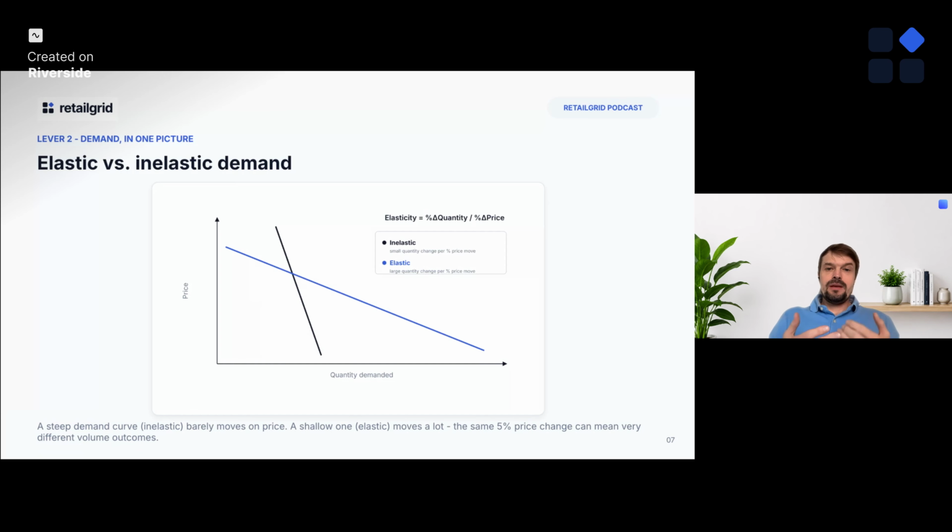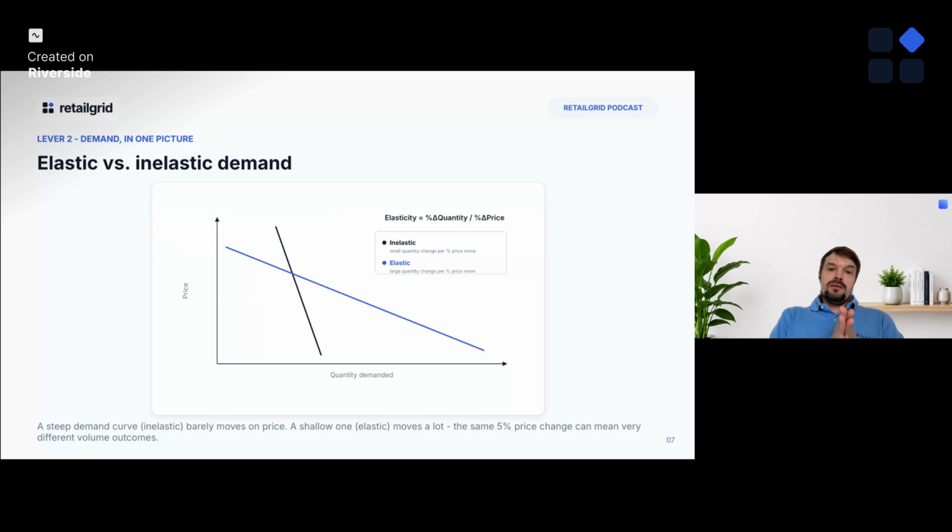Or vice versa, there are some situations when you had lots of changes in the price and demand stays at the same level, or it's counterintuitive: we increase the price and demand is growing. There are some cases in economics when it can happen. But the basic rule of elasticity is that by increasing the price, we are losing demand.